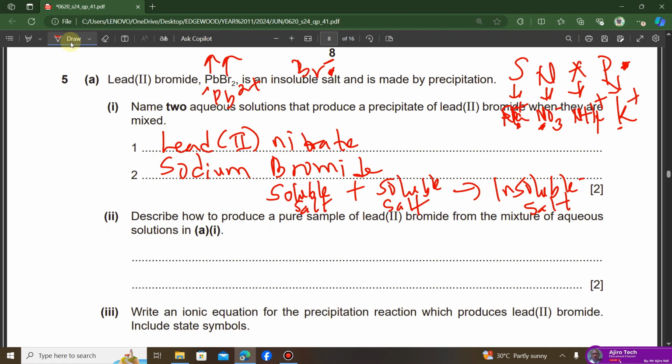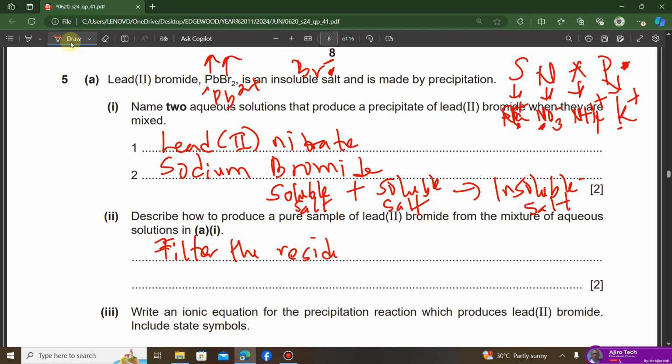Describe how to produce a pure sample of lead-2-bromide from the mixture of aqueous solution. Since we are forming an insoluble salt, there is no need to heat it. So all we need to do is filter the residue.